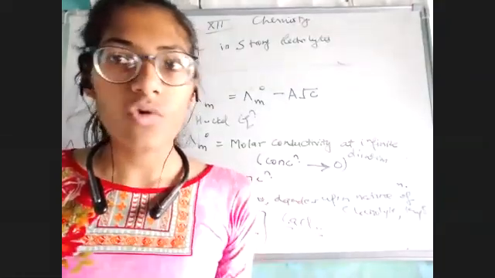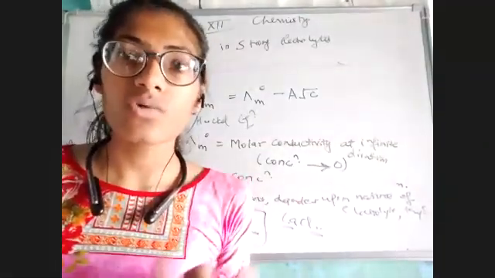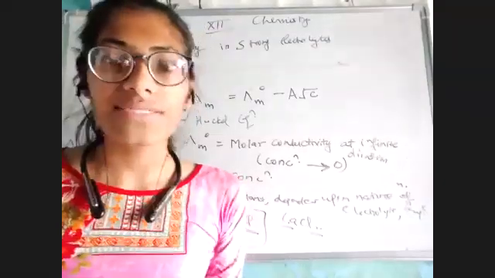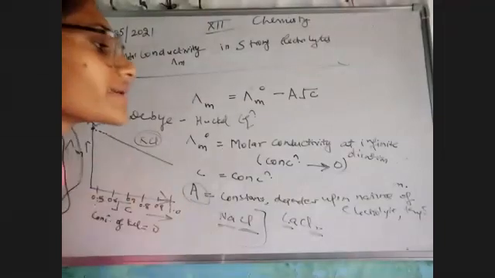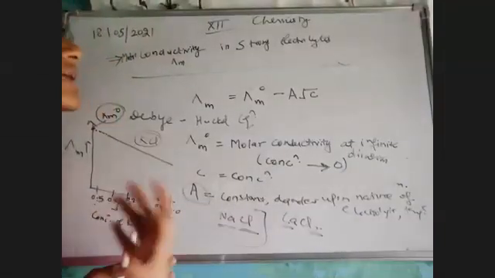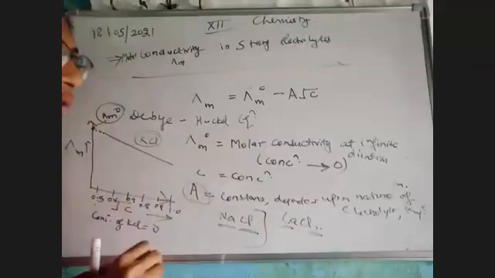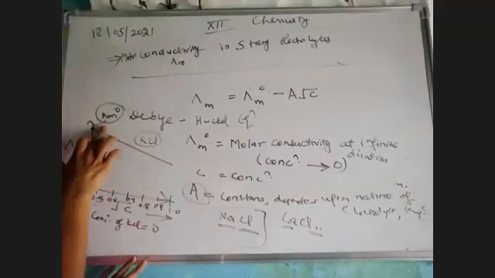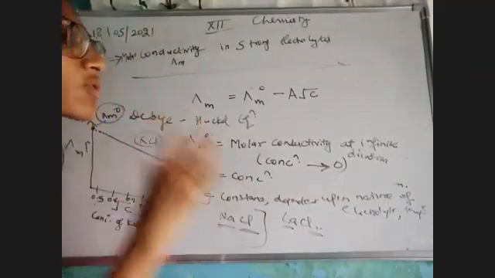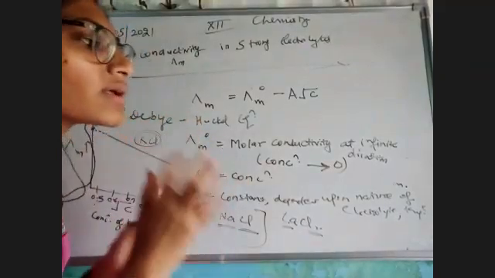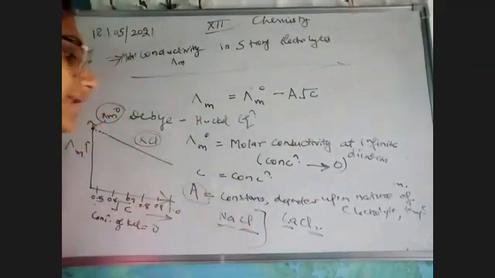We have another equation that is known as Kohlrausch's law. In this topic, we have just understood that whenever the concentration of our electrolyte is very low, lambda m is known to be lambda m naught, which has a somewhat different value than lambda m.